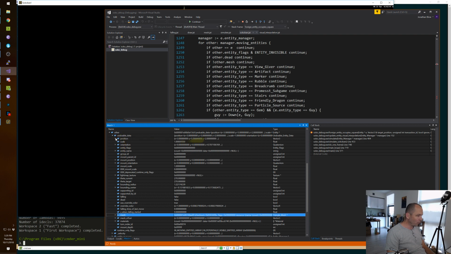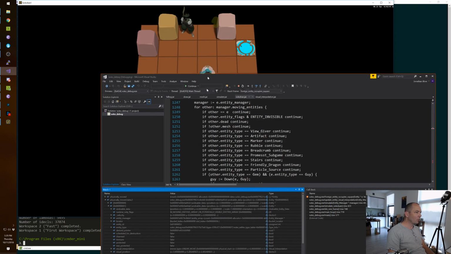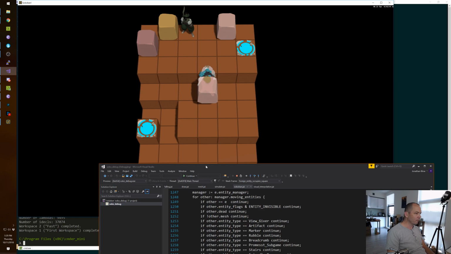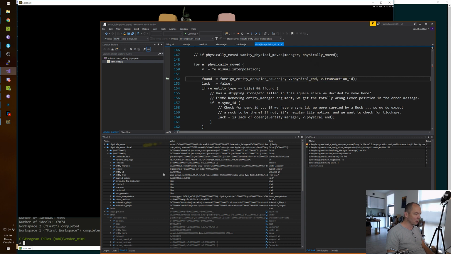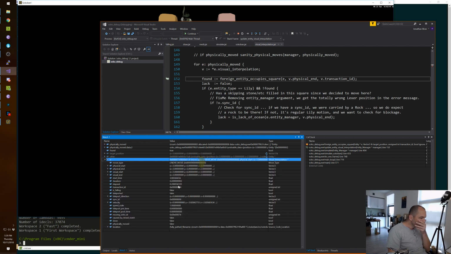So the warrior's position is 352. Target position is probably 352. Why is our target position 352? Why isn't it 353? We're going from 363 to 352. We're going like totally diagonal.